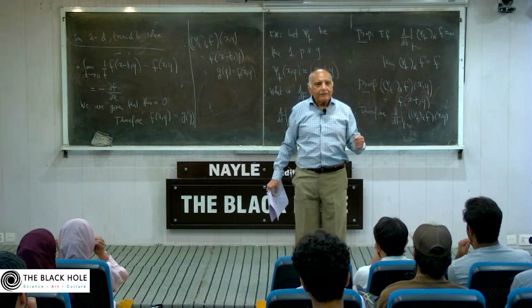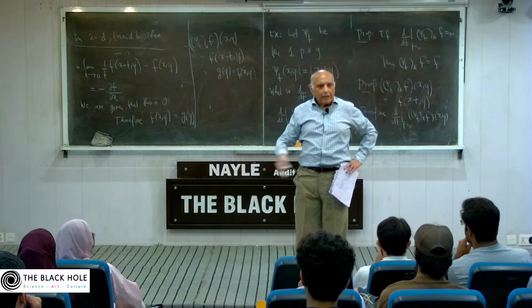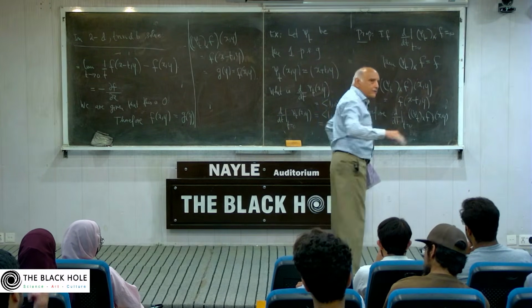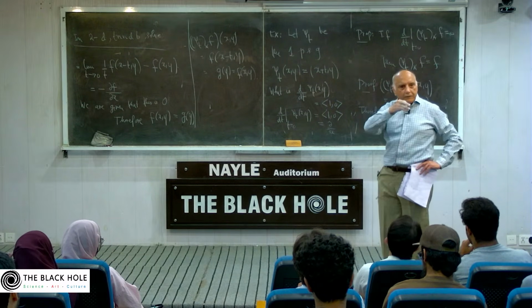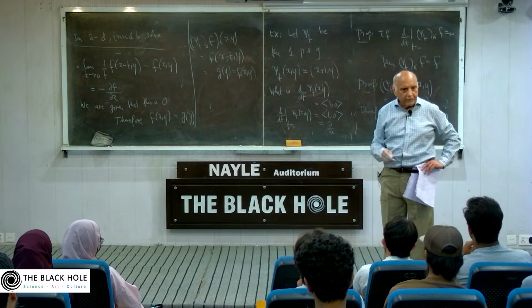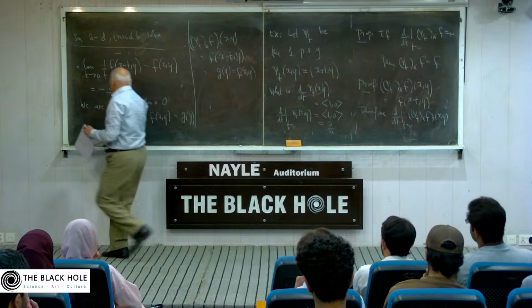Since these things are invariantly defined, if I have a vector field and its flow, and I compute the derivative of f along its flow and it is 0, then the function itself is invariant. Okay. And exactly the same proof works for vector fields.